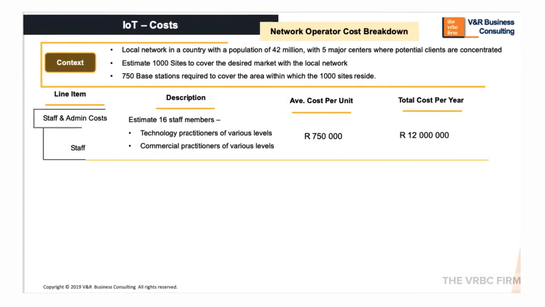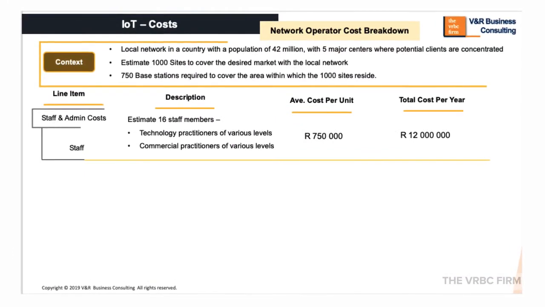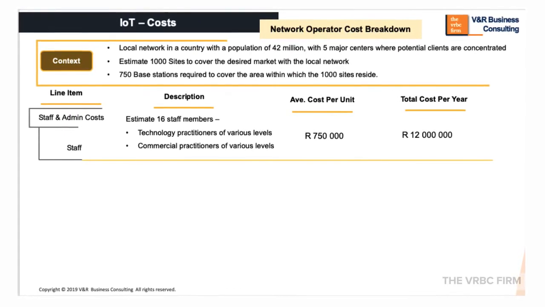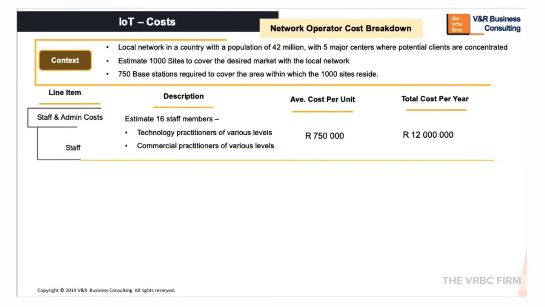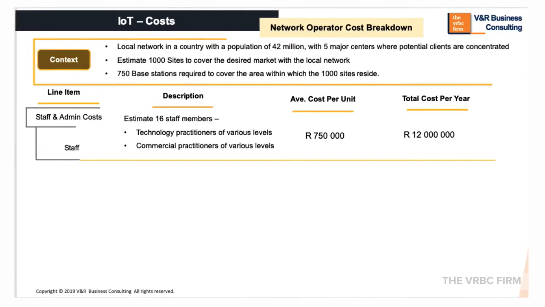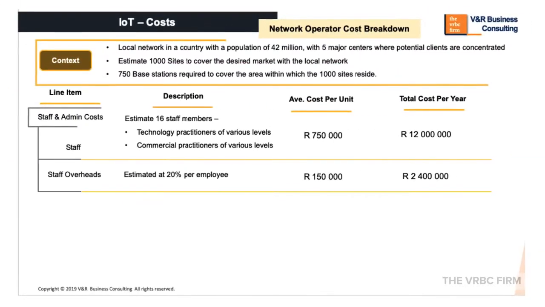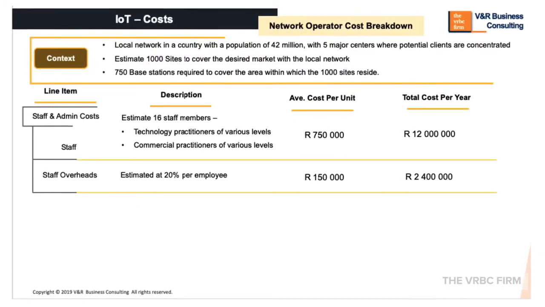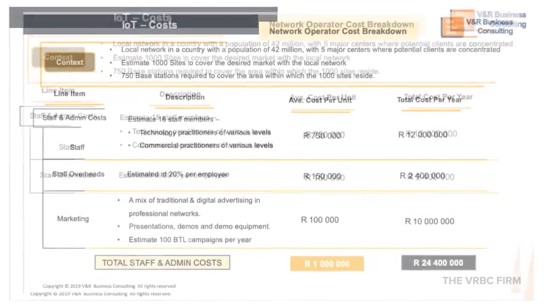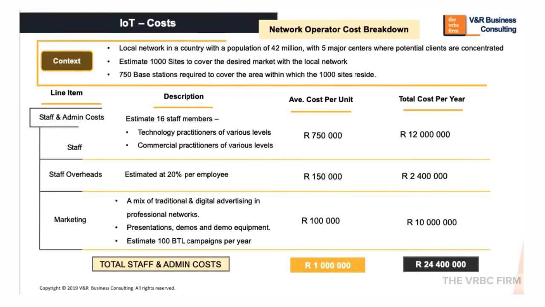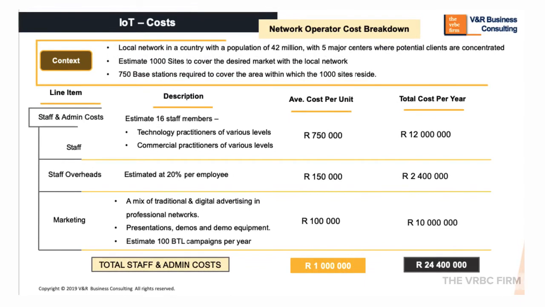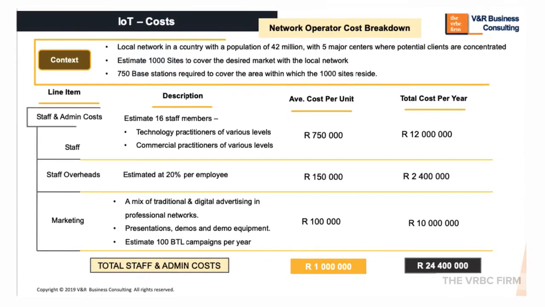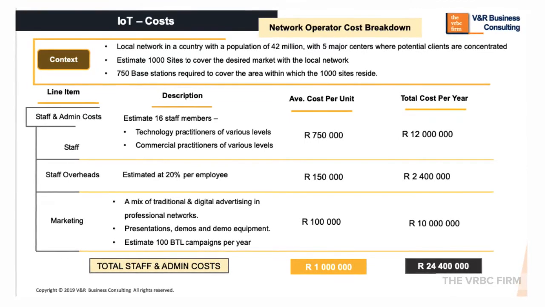Staff and admin costs and related overheads. Lastly, marketing activities. The intended customer here is B2B, so targeted below the market activities are likely to be more effective.